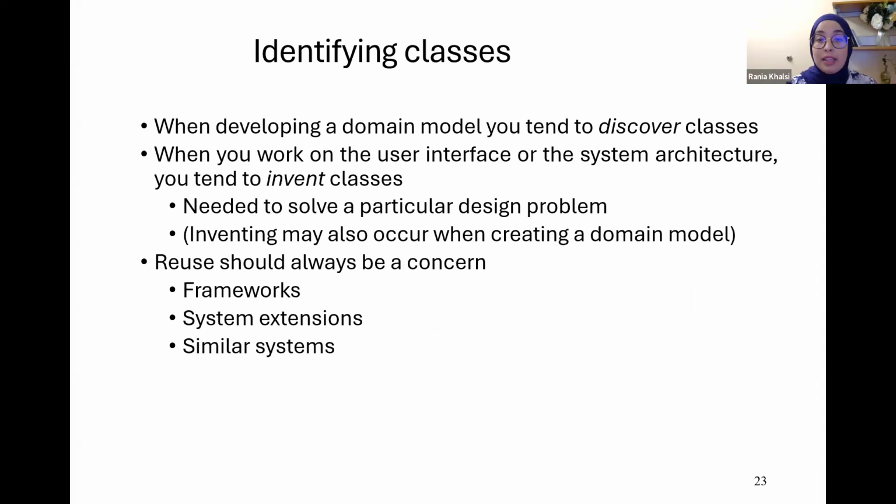After that, when you are identifying classes, make sure that you discover the classes by looking at the description in the text. It's not the case in your project, but usually whenever you are working on a practice or exam, there is a text.